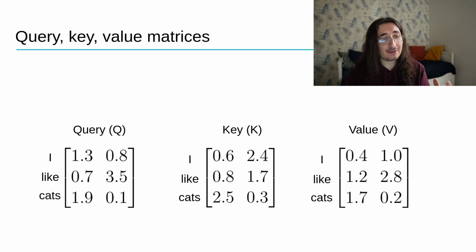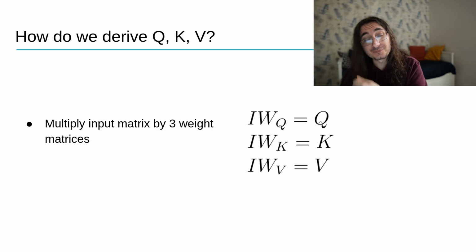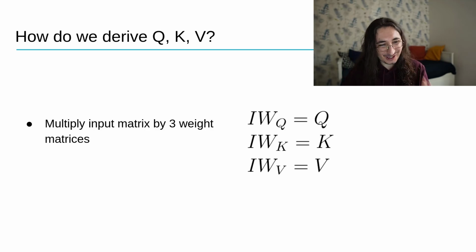A question you may have is, where do we actually derive these matrices? And here's where we derive them, from 3 other matrices. We multiply the input matrix by 3 weight matrices.